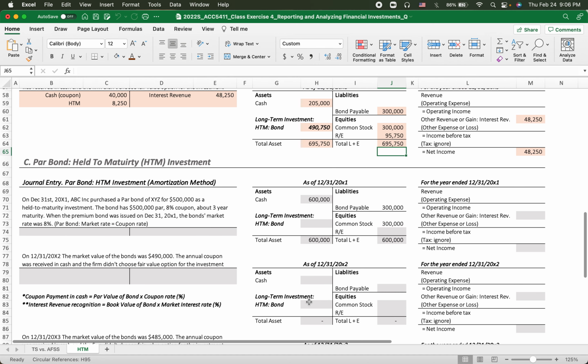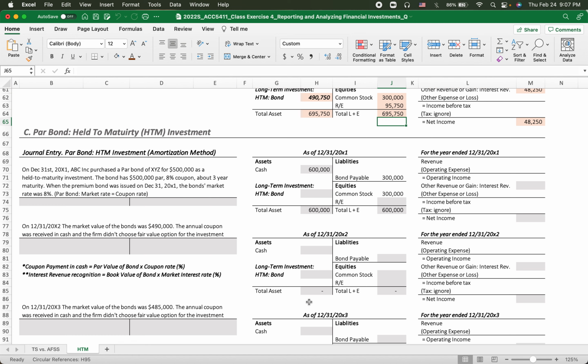Okay, the par value investment is just simple. Why? Because par value investment is when the market rate is equal to the coupon rate. So there's no difference between the coupon amount received and the interest revenue recognized, because the par value is the same as the investment amount of 500, and the coupon rate of 8% is the same as the investor's market rate of 8%, right?